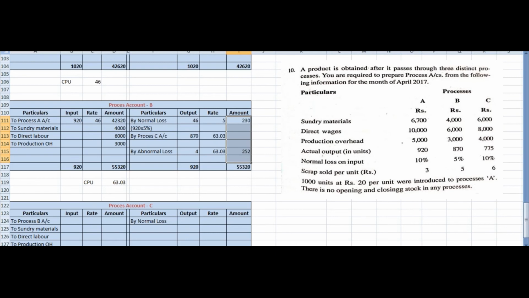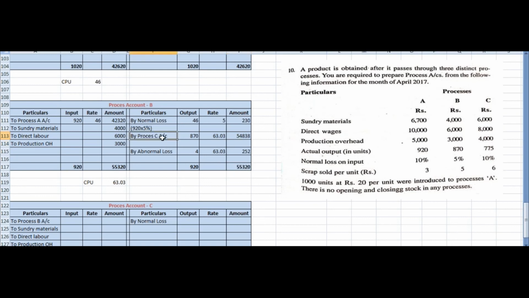If it is a fraction question, you write like this: this total minus these two, whatever value comes, write it here. Like this example, 55,320 minus 230 minus 252 is 54,838. Okay, if a fraction comes, you do like this. There is no other way. Understood by everyone? Okay, good.